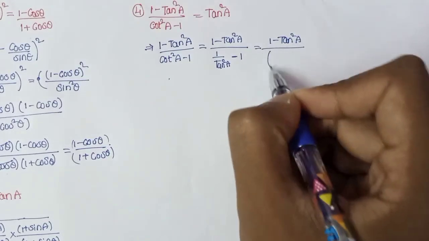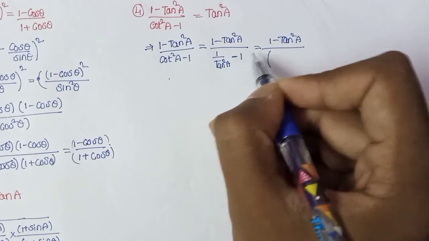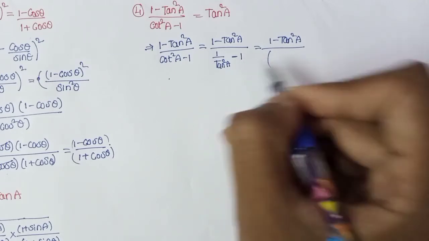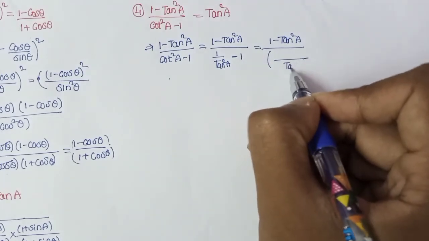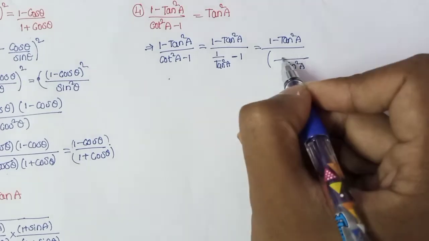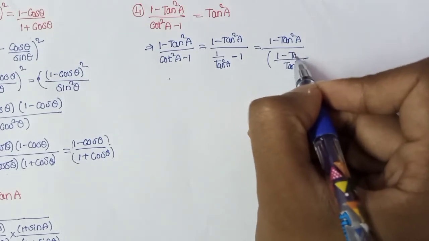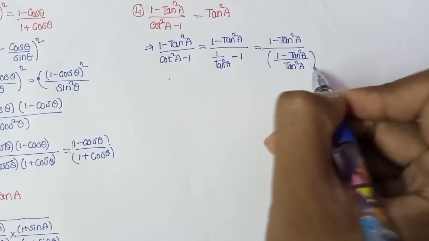Here 1 minus tan square a divided by this. You can multiply tan square a in the numerator and denominator to get the same in the denominator.